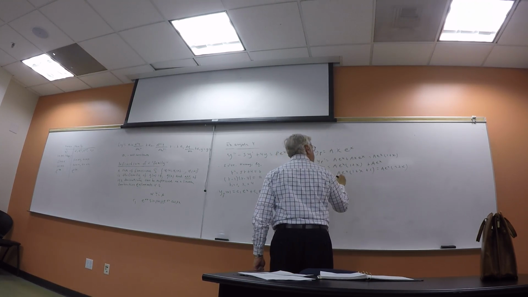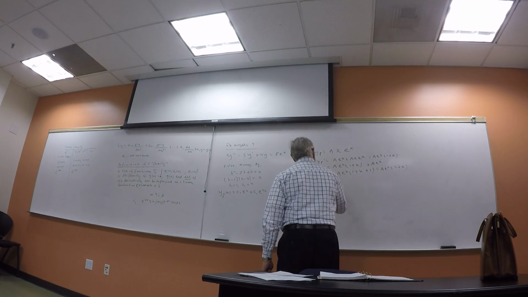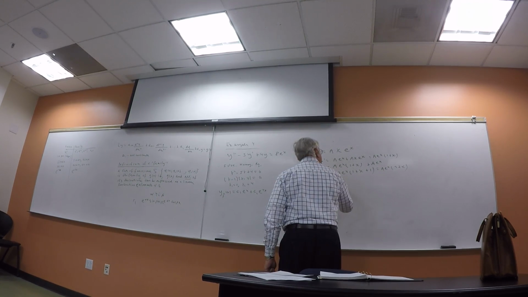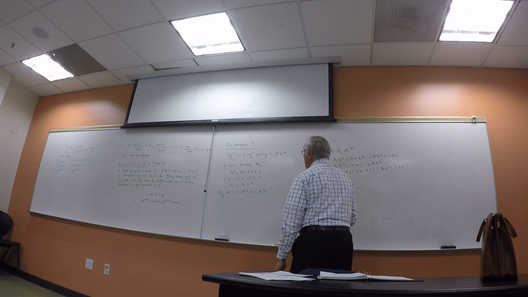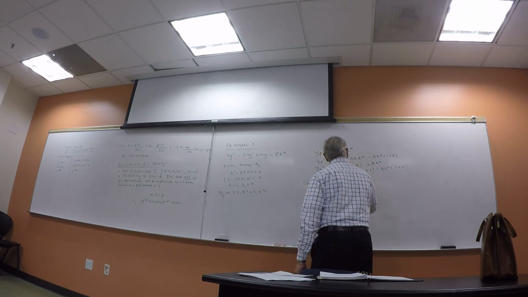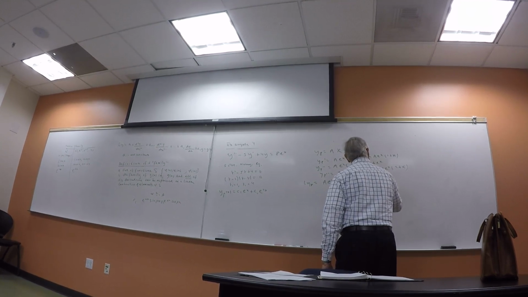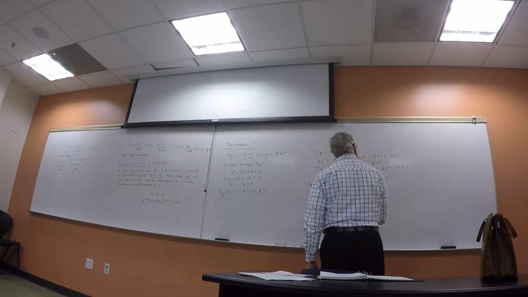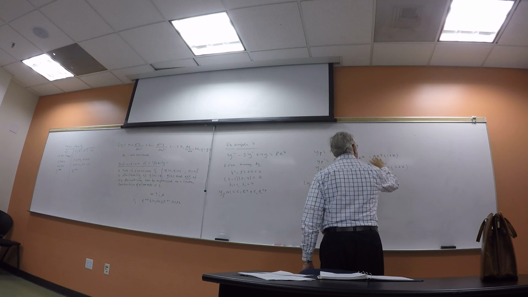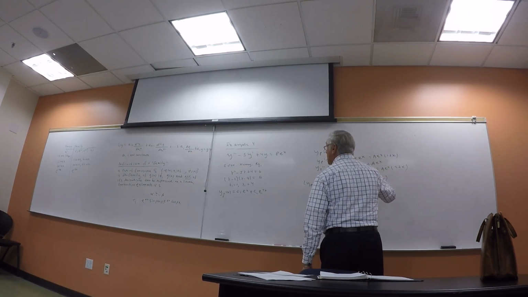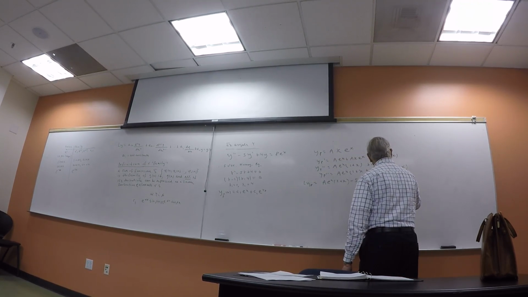L on yp double prime, so it's not too bad, it's A e to the x times 2 plus x, right? Minus 5 times the first derivative, what's yp prime? A e to the x 1 plus x, minus 5, A e to the x 1 plus x, finally plus 4 times the particular.